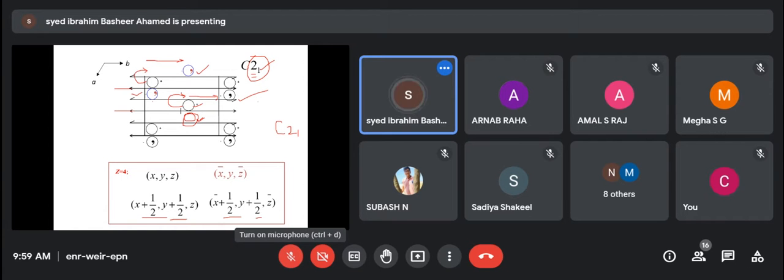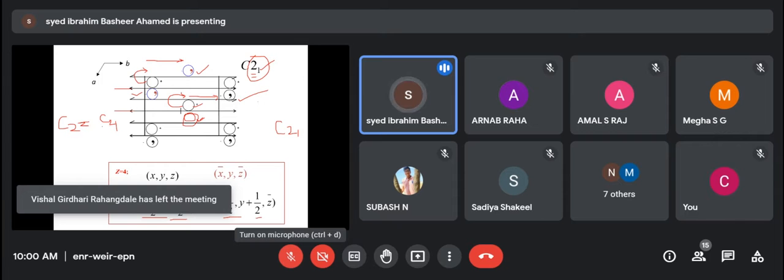Yes or no? Am I right? So that means the space group C2 is equivalent to C21. C2 and C21 are the same.